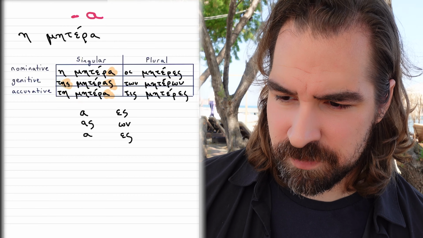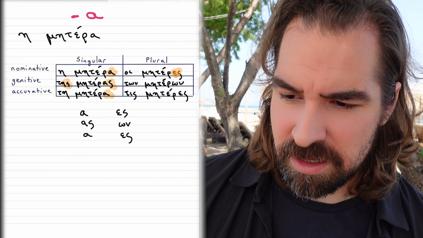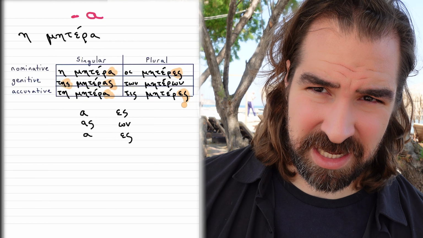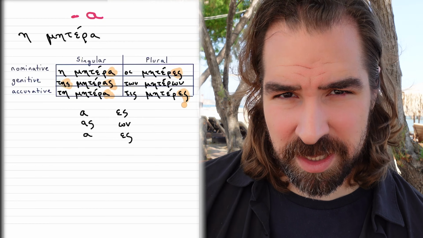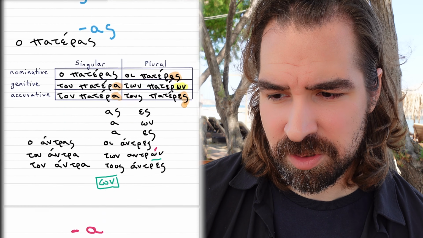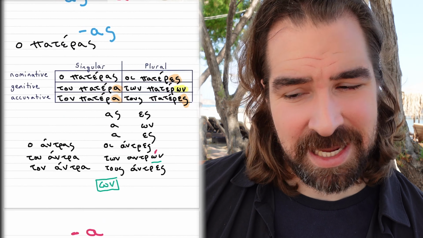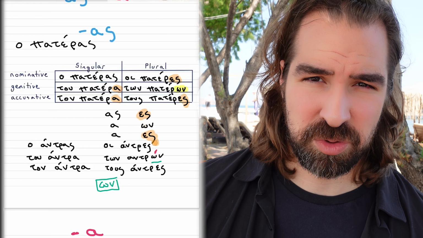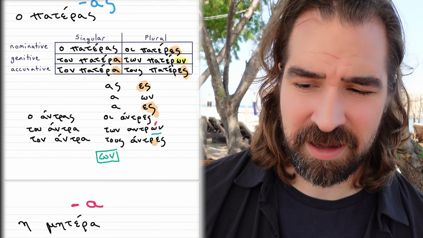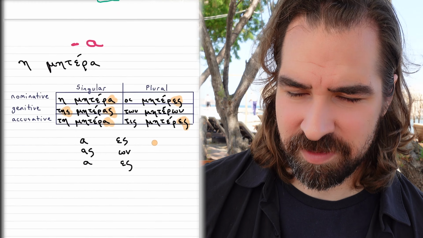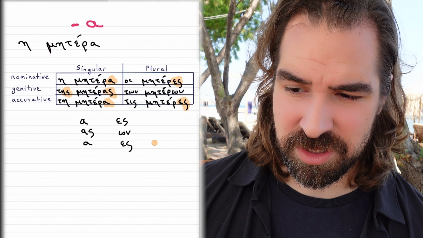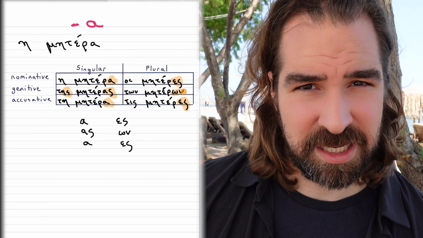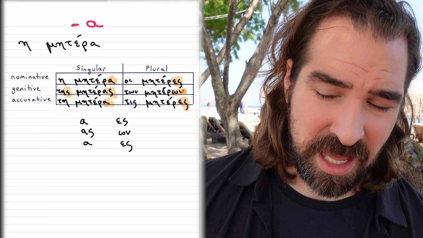In the plural, we get again the nominative and the accusative matching, ending in -s. That should also remind us of οι πατέρες. We had the same thing in the masculine words that end in alpha sigma. Well, feminine words ending in just alpha do the same thing. And then finally, the genitive ends in that characteristic omega nu ending.